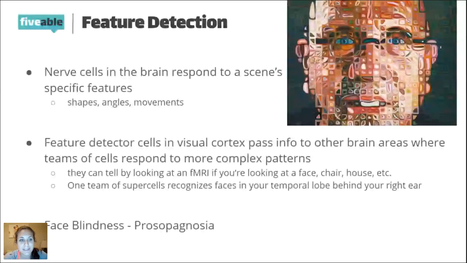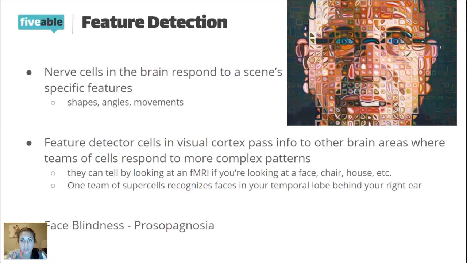Even though it's the same face they've seen every single day for their whole lives, they wouldn't be able to recognize it. It's because that part of their brain that's supposed to put all of those pieces of the face together doesn't mesh them together correctly. They see your eyes, they see your nose, they see your mouth, but that whole picture being put together doesn't work for them.